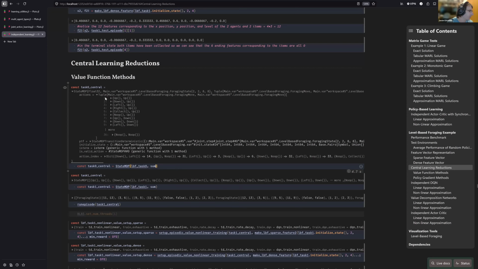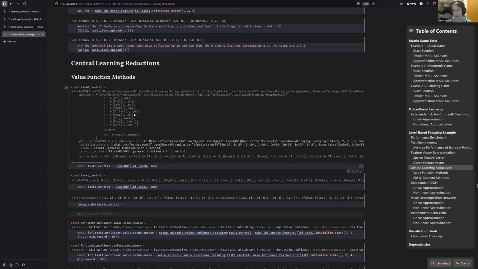And here instead we have what just looks like a normal action space, but this action space is 36 actions long because it is representing all of those joint actions, which, for the purpose of using a central learning method, it doesn't care that all these represent joint actions across the 2 agents.